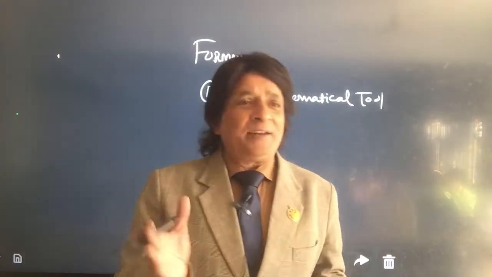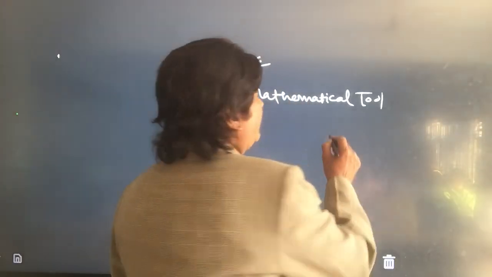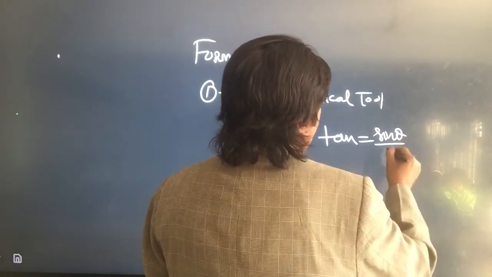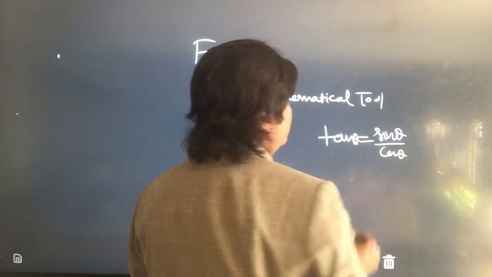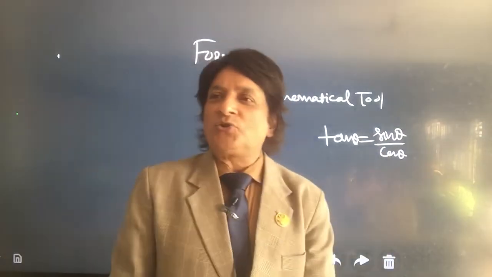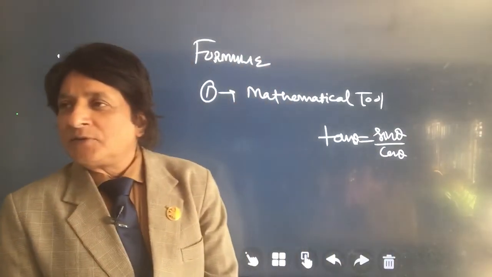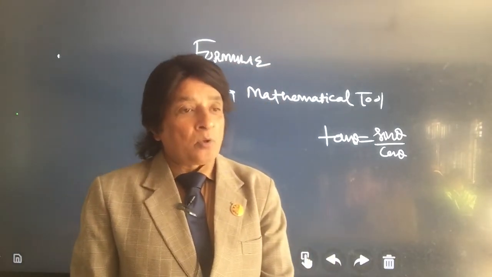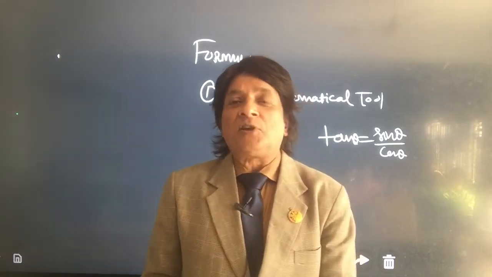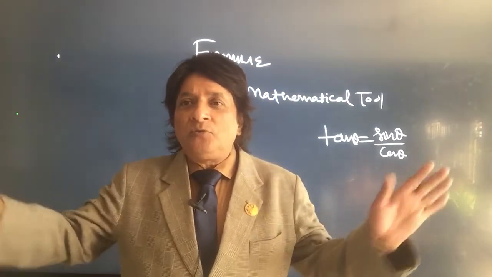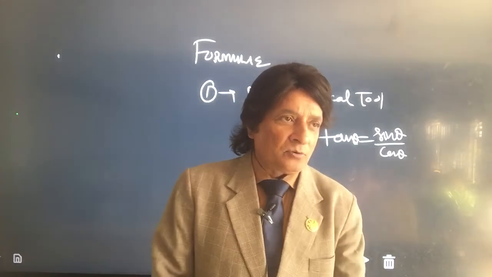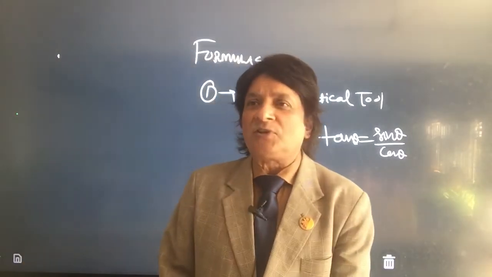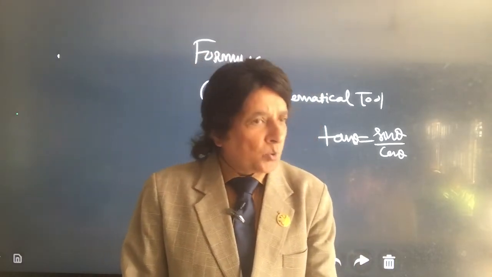If we know sine and cos, we can define tan. What is tan? Sine theta upon cos theta, that is tangent theta. So sine 0 is 0, cos 0 is 1, tangent 0 is 0. Sine 30 is 1 upon 2, cos 30 is root 3 upon 2, tangent 30 is 1 upon root 3. Sine 60 is root 3 upon 2, cos 60 is 1 upon 2, tangent 60 is root 3.